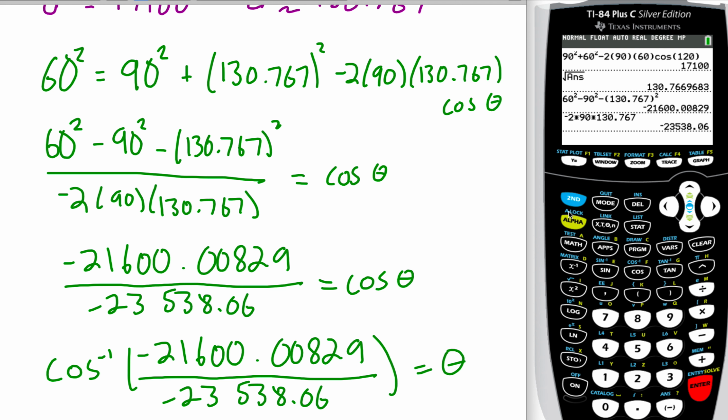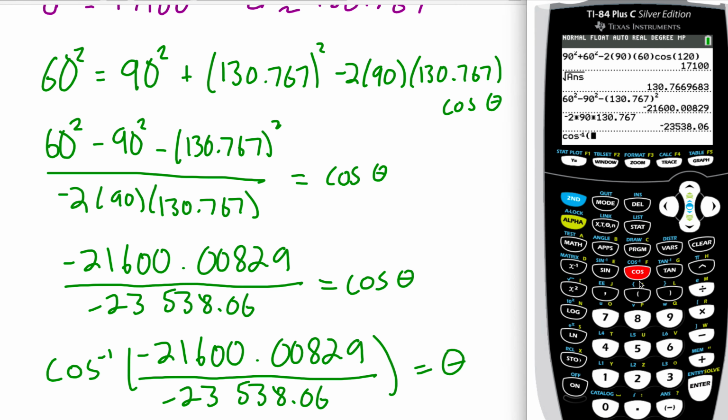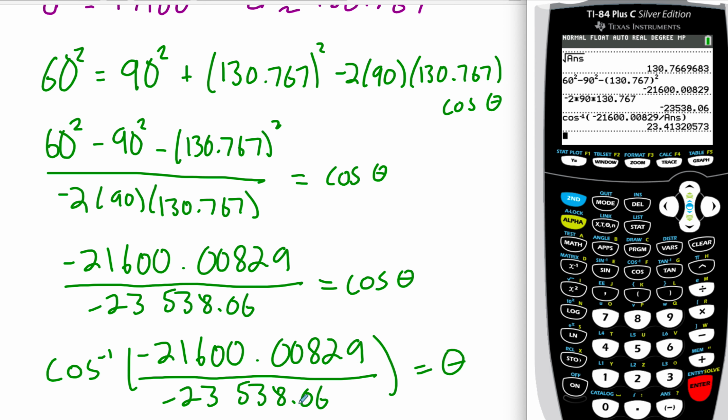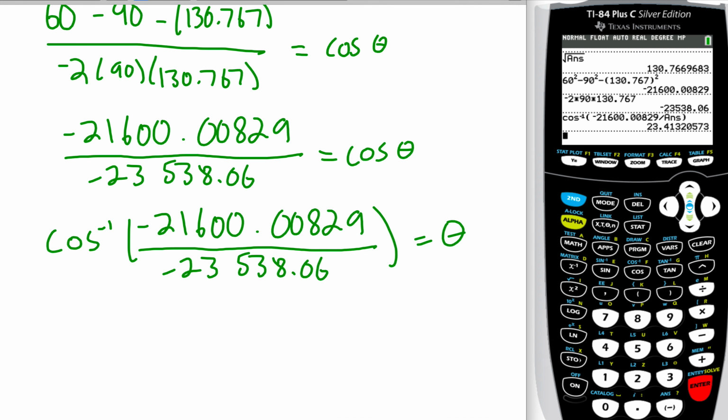So let's go ahead and figure that out. I'm going to do second cos of 21,600.00829 divided by, and then I'll do second this to get the answer. And I get a theta, and we're going to use 3 decimal places again because we're still not at our final answer: 23.413 degrees.